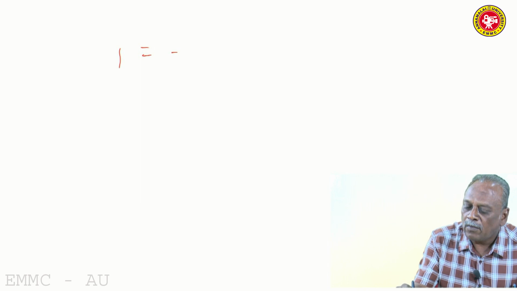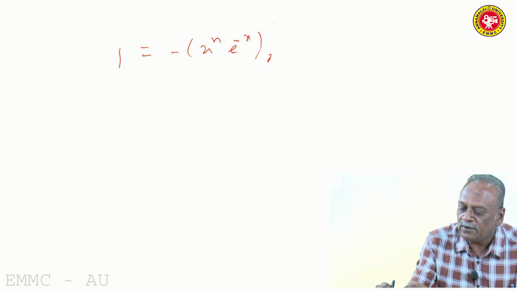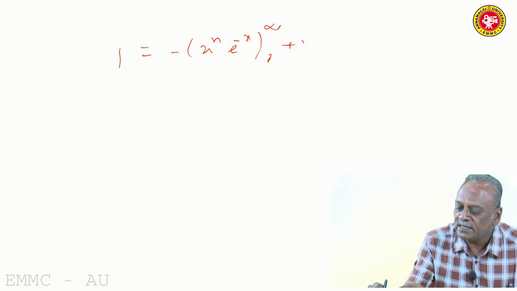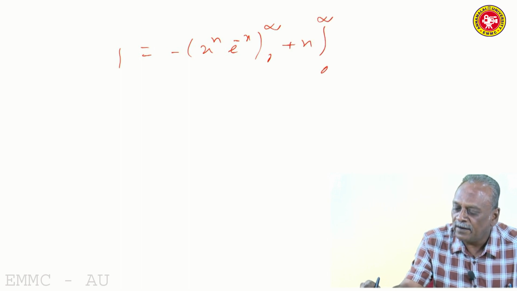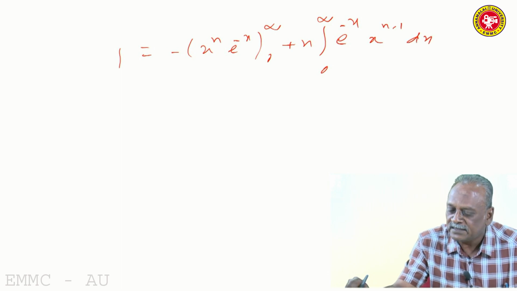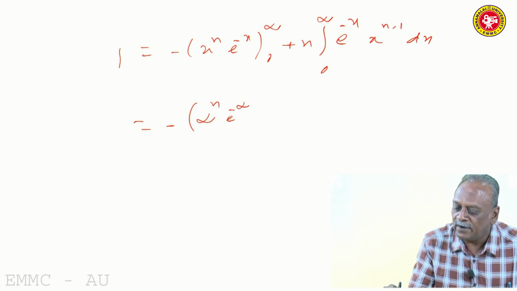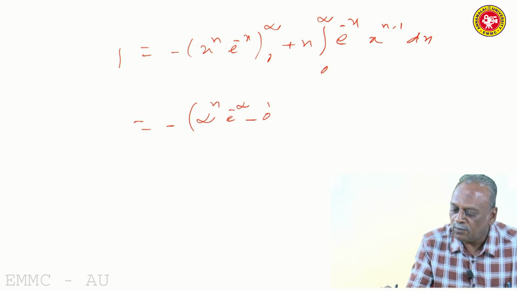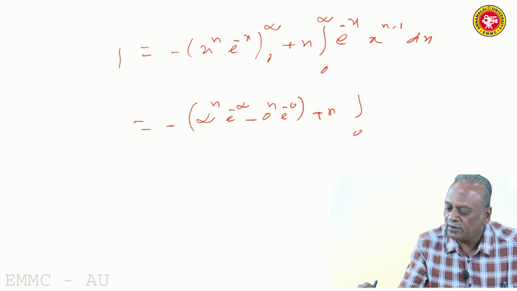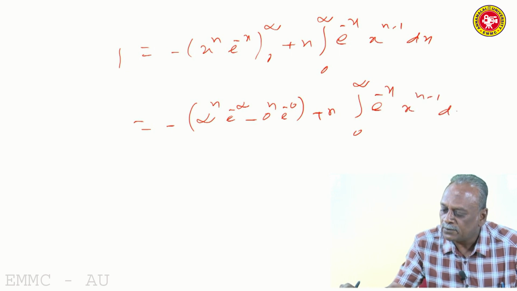This equals minus x power n e power minus x from 0 to infinity plus n into integral 0 to infinity e power minus x, x power n minus 1 dx. Here, putting the upper limit for x, infinity power n e power minus infinity, minus lower limit 0 power n e power minus 0, plus n into integral 0 to infinity e power minus x, x power n minus 1 dx.